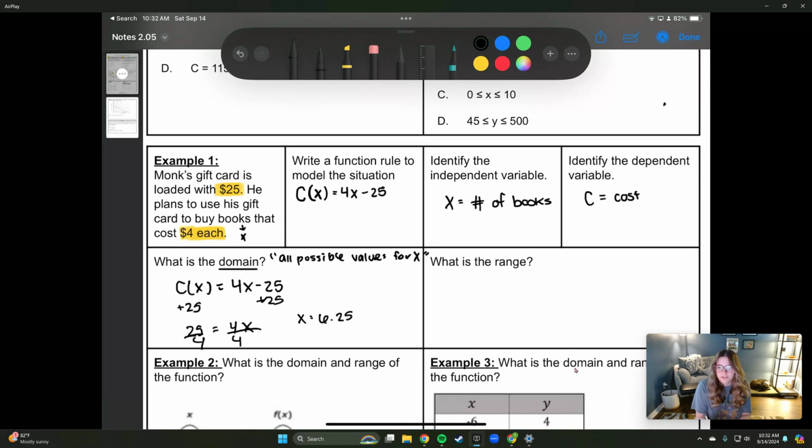But let me ask you a question. Can I buy a quarter of a book? No, I cannot buy a quarter of a book, but I could buy 6 books. Now, all possible values for x. So we know it can't be more than 6, but could it be anything before 6? Absolutely.